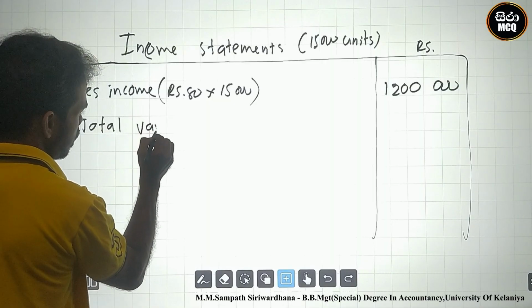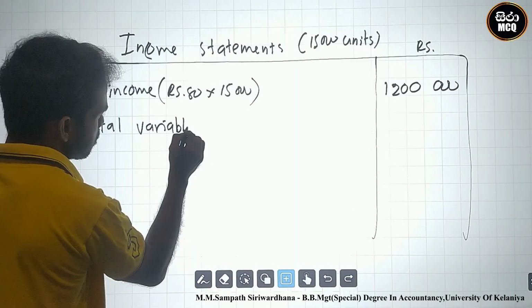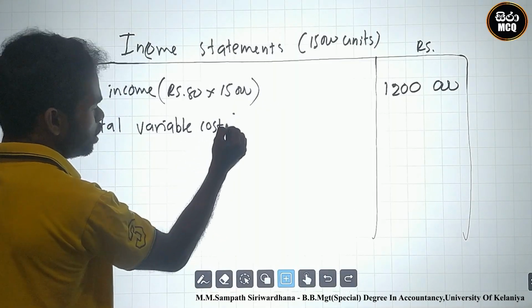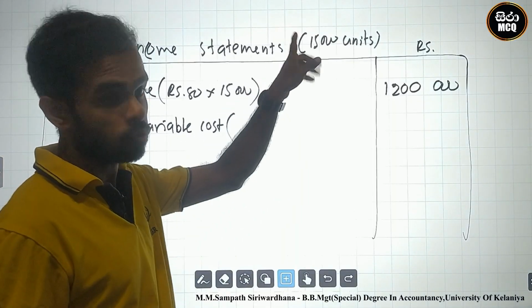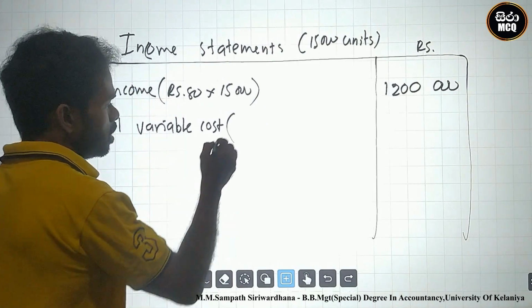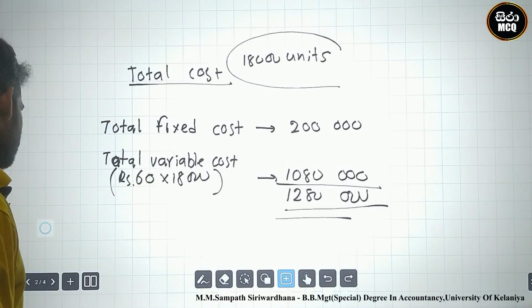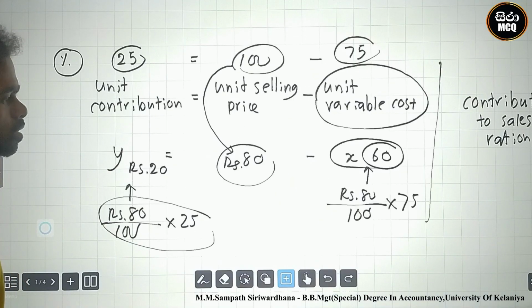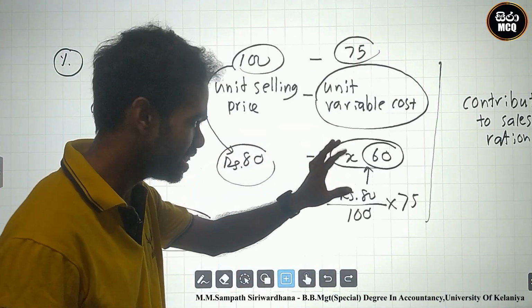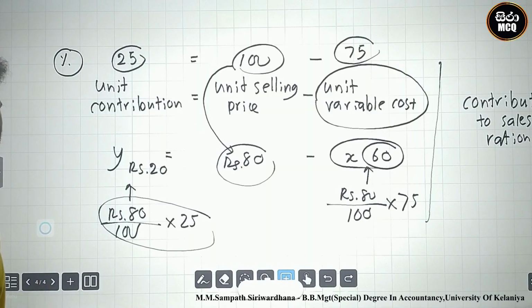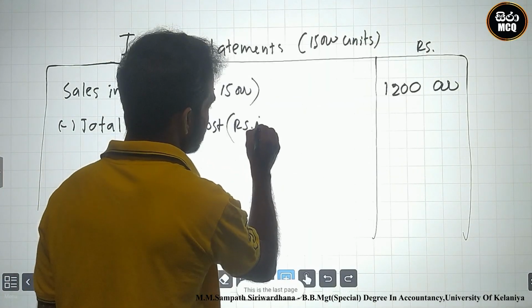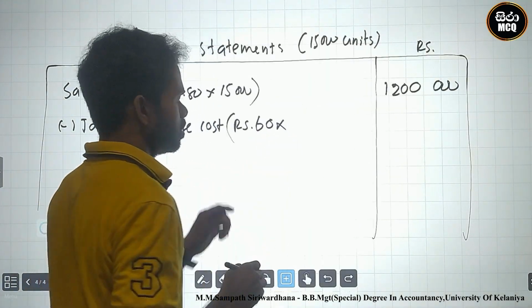How can we calculate total variable cost for 15,000 units? Unit variable cost was already calculated: 60 for 1 unit.